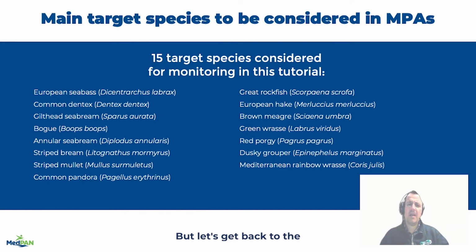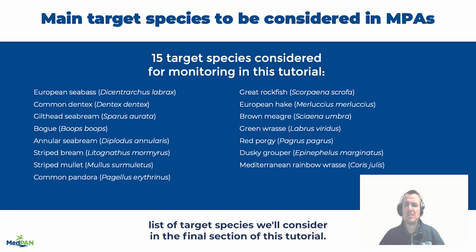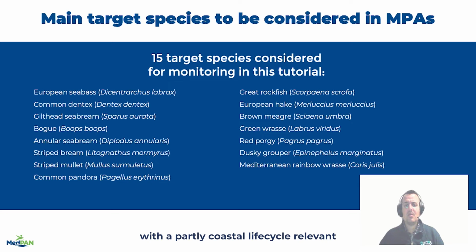But let's get back to the list of target species we will consider in the final section of this tutorial. We decided to focus on species most commonly found in the Mediterranean, targeted by commercial and recreational fisheries with a partly coastal life cycle relevant to MPAs, subject to widespread regulation and useful as indicators in MPA management.